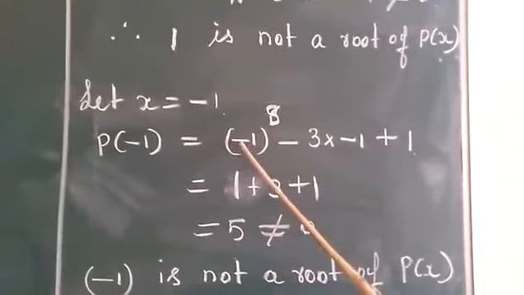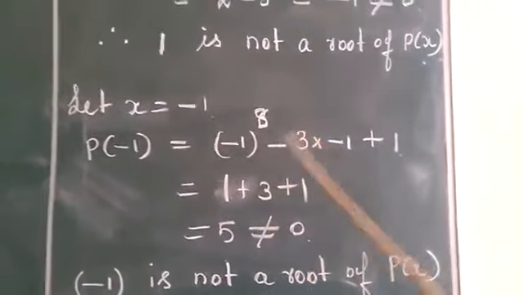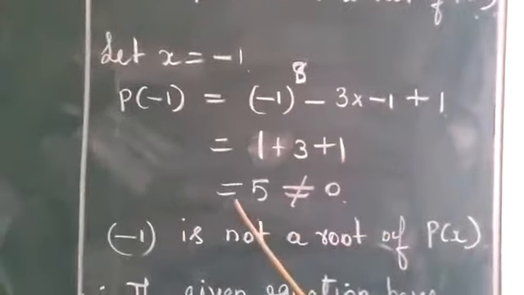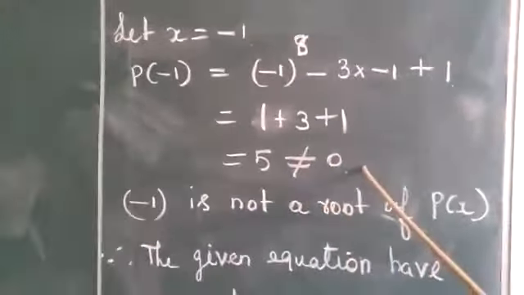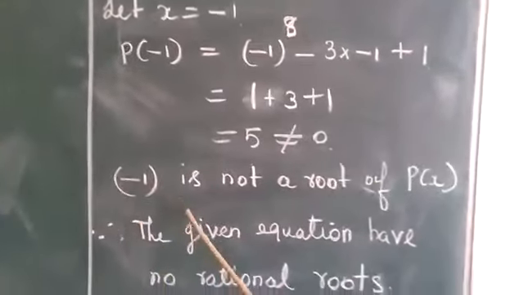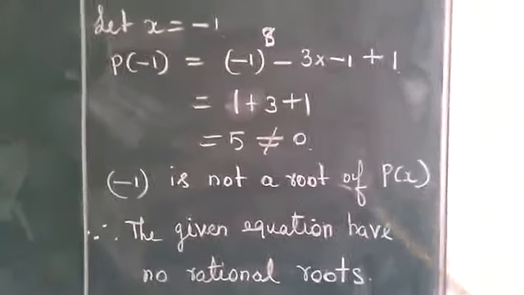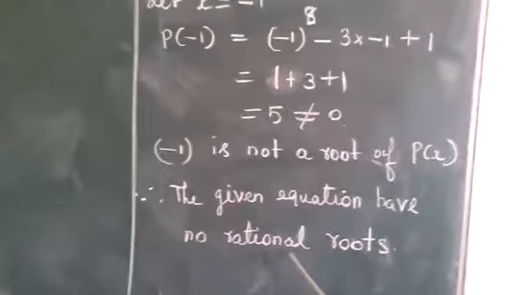So here we are getting plus 1, plus minus 3 into minus 1 will become plus 3, plus 1. Finally, if we add, we are getting 5. 5 is not equal to 0. Therefore, minus 1 is not a root of p of x. Therefore, the given equation has no rational roots.